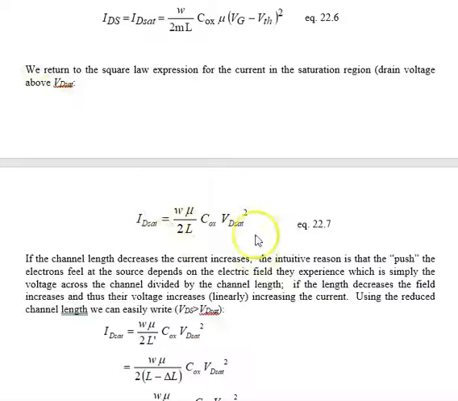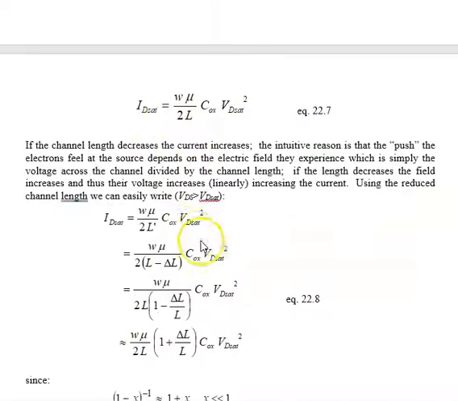So we just write equation 22.6 as equation 22.7, taking out the VG minus V threshold divided by L explicitly. And now we want to take a look at L.